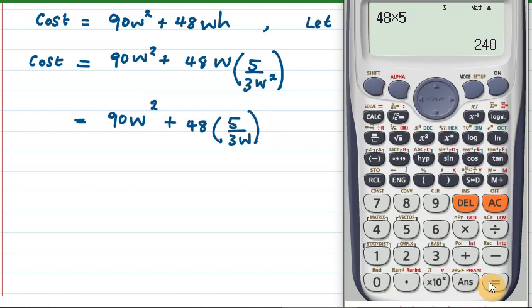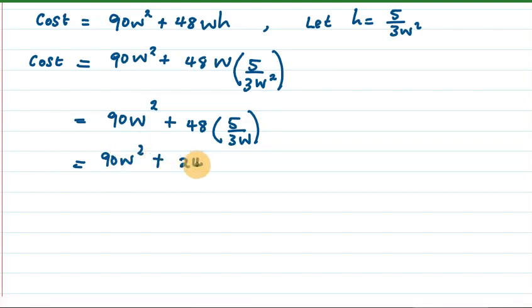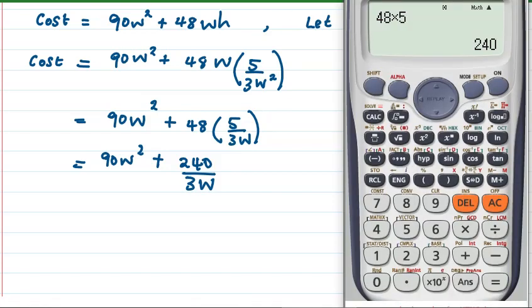wow, it's 240. Okay, so here we have 90W squared plus 240 all over 3W. Again, let us calculate.